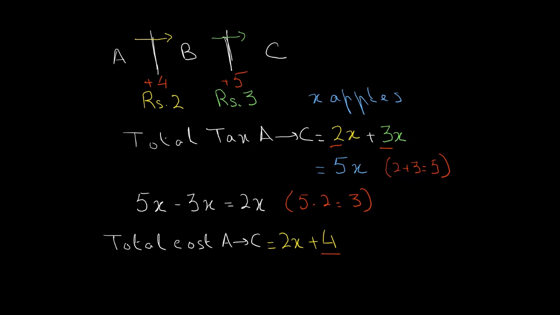And then you had another cost which was 3x plus 5, where the 5 rupee cost was also for the person. So you can see that the total cost would now be equal to 5x plus 9, where 9 is the cost of the person.